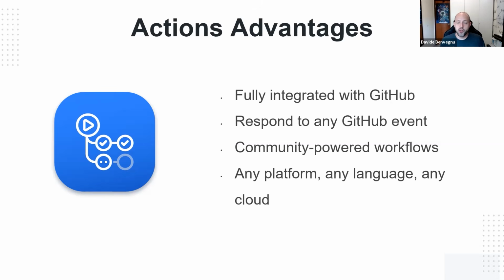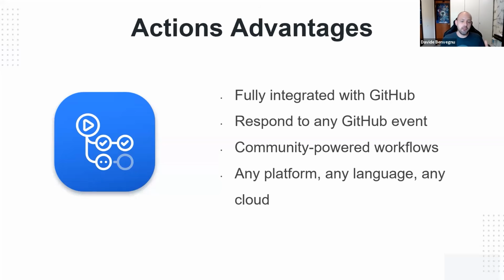When I said that it responds to any GitHub event, we'll see this later in more detail, but what I mean is that you can trigger an Actions job based on things like, as I mentioned before, you pushing code to a repo, creating a new branch, but also, for example, if you create a new issue on a repo and you want to automate some behavior to respond to that issue, or a new comment, a new pull request, or even API calls, and so on and so forth.